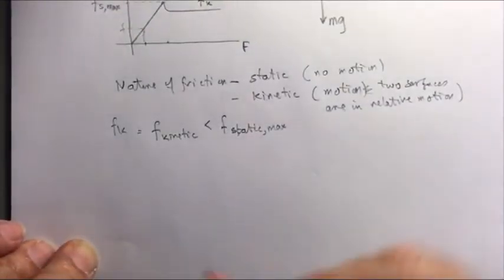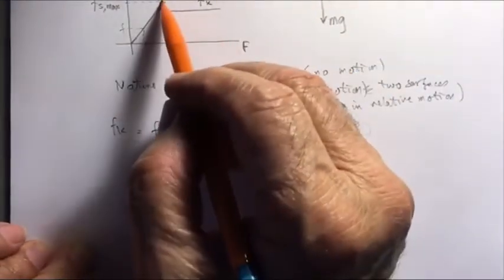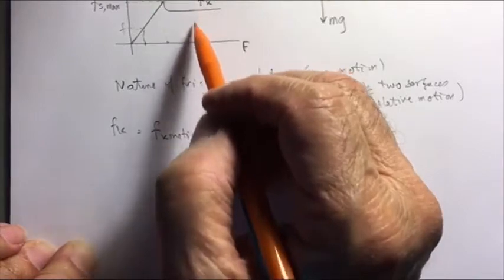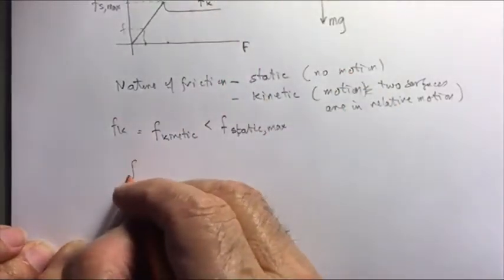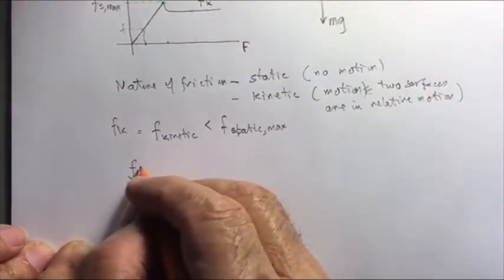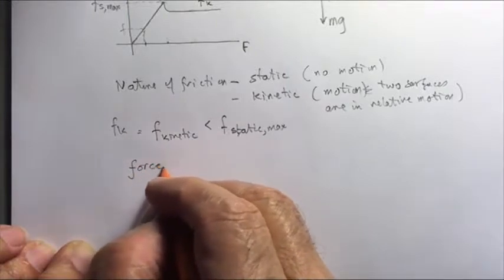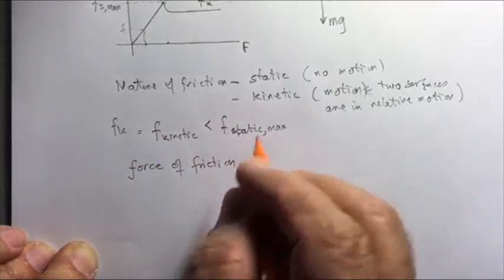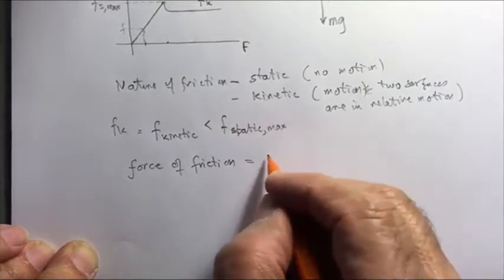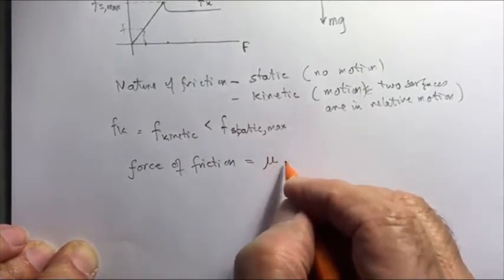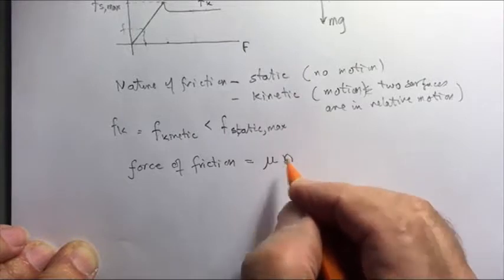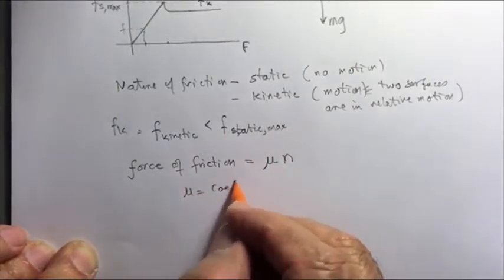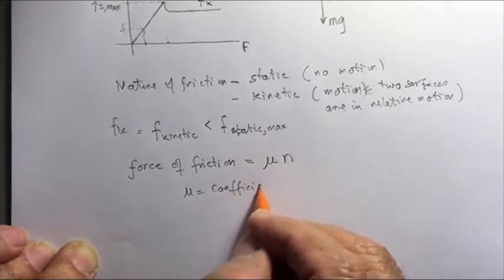Now, what is the value of friction at this point or at any other point? We know that the force of friction equals mu times N, where mu is the coefficient of friction.